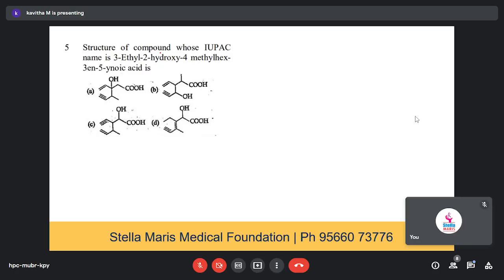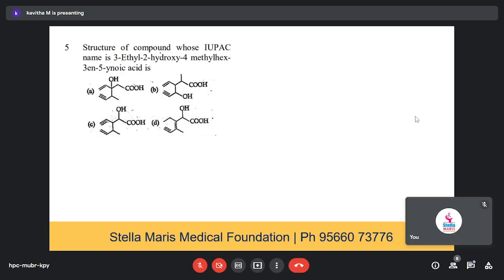The structure of the compound whose IUPAC name is 3-ethyl 2-hydroxy 4-methyl hex-3-en-5-ynoic acid. Hexanoic acid means we'll be having 6 carbons in the main chain, right?